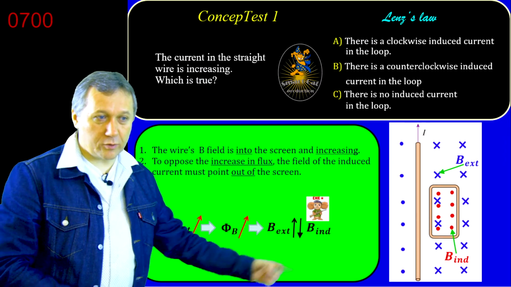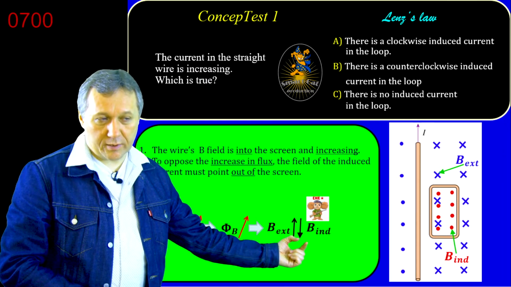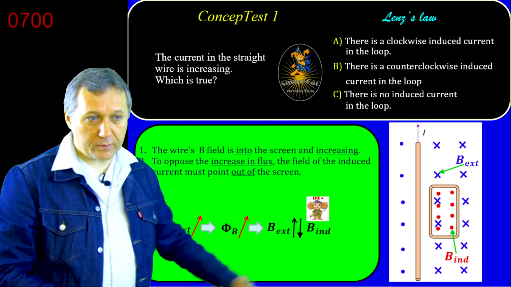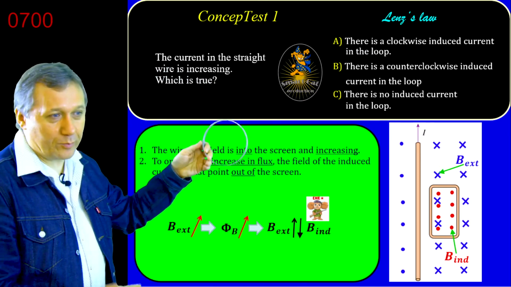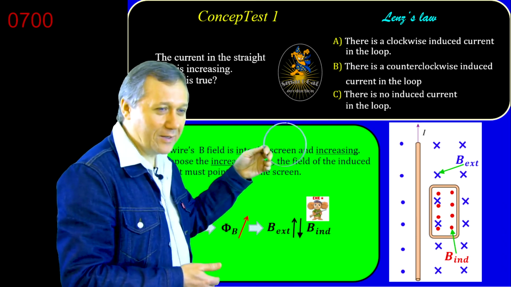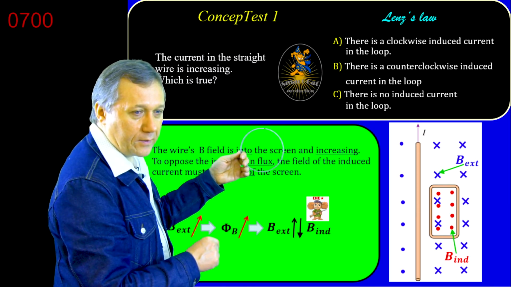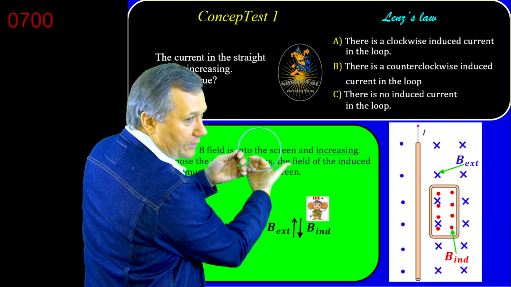Okay, and now once you know direction of the induced magnetic field, we should be able to get direction of the current that produces that field using right-hand rule number 2 again. So where is my loop? I still use a circular loop because it's the same, circular or rectangular. So induced magnetic field is represented by dots. It means out of the board. Magnetic field is out of the screen.